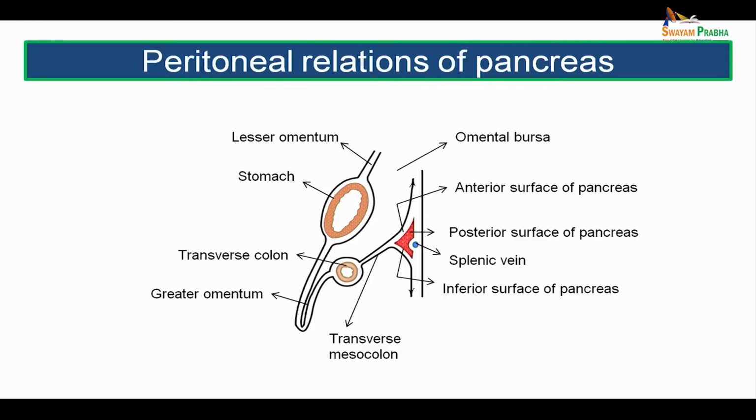Going on to the peritoneal relations of the pancreas. This is a sagittal section passing through the abdomen.